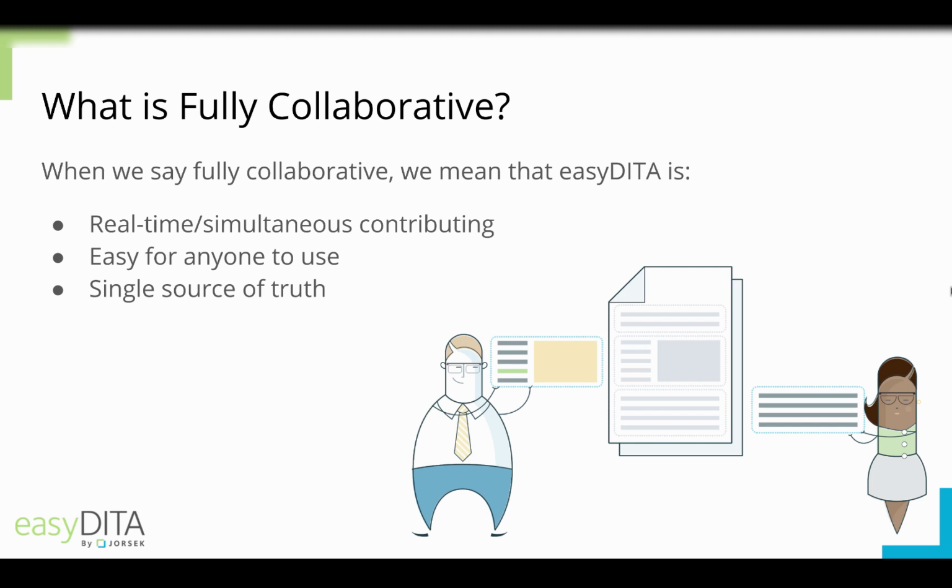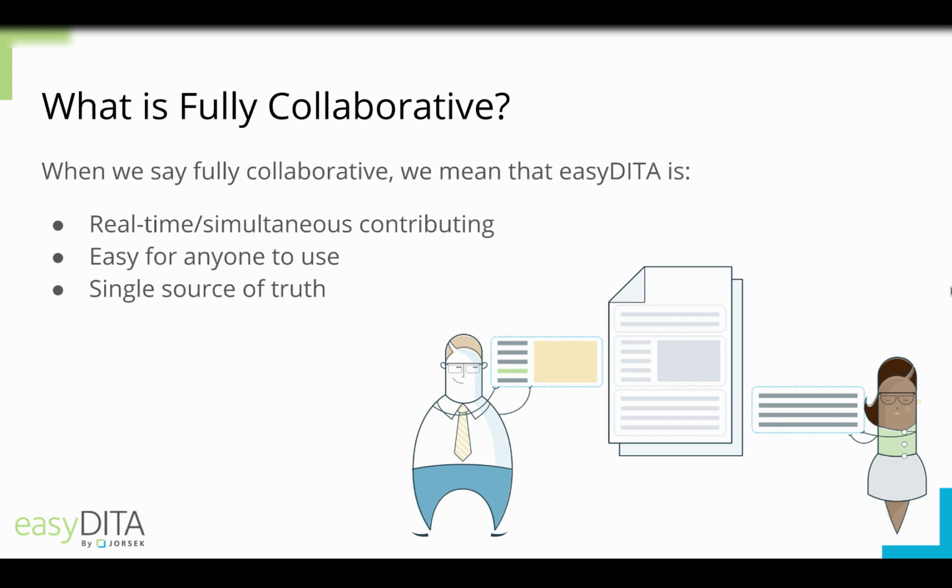Now we've already seen the real-time work in action, and we've already talked about the importance of an easy-to-use interface. But what does single source mean? If document editing is taking place on copies, on email attachments, or local documents, then it's not true collaboration.